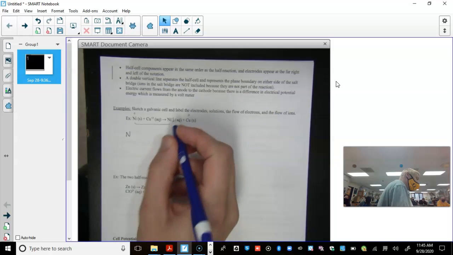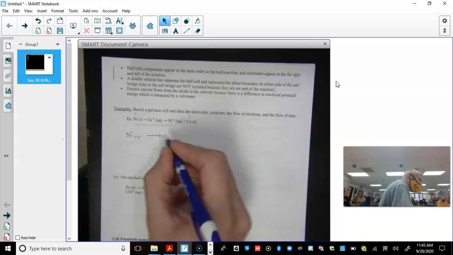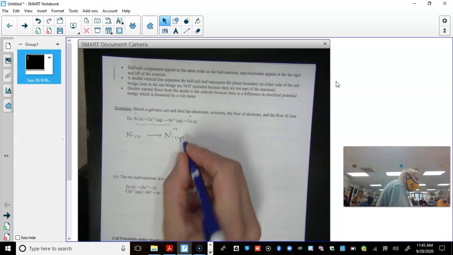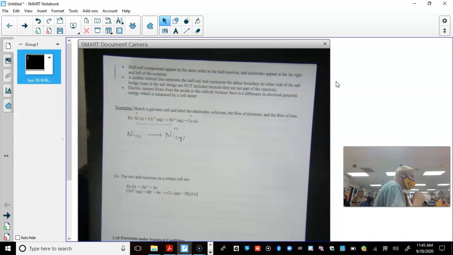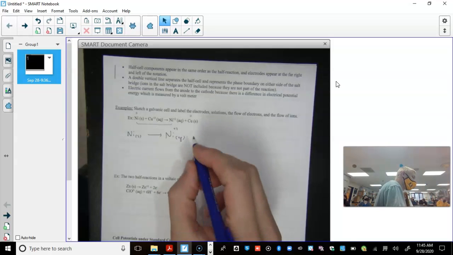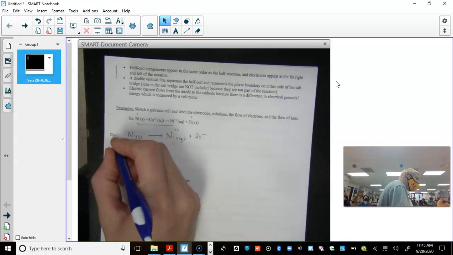It's losing electrons, becoming more positive. So nickel solid reacts to form nickel +2 and electrons. And we're losing how many electrons? 2. Alright, so this is oxidation.